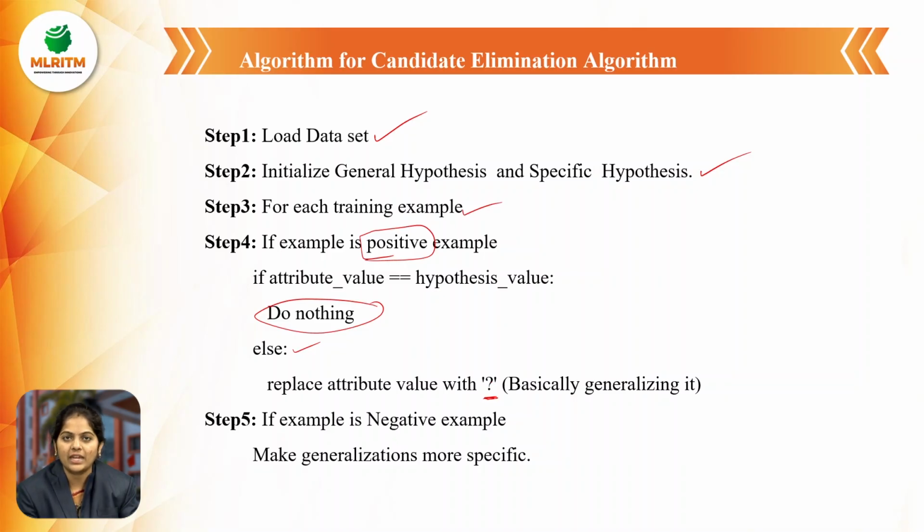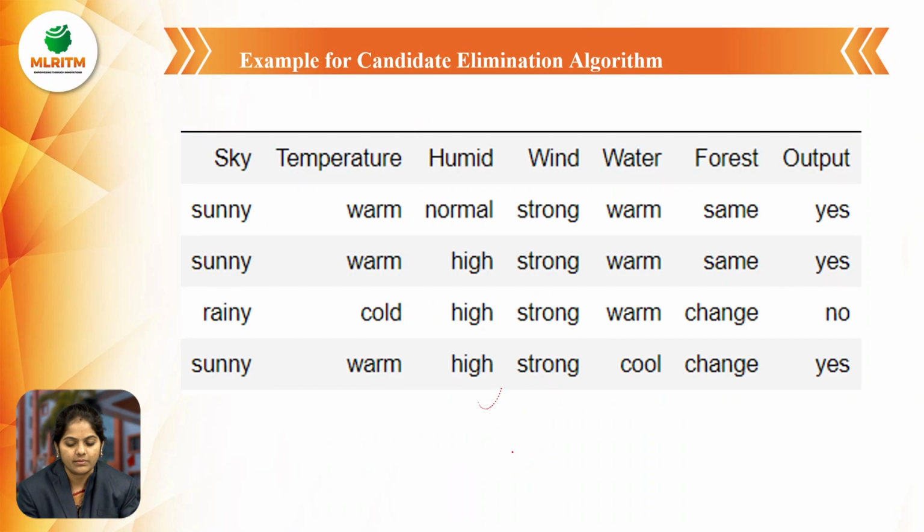When we are comparing example 1 and 2, we compare the attributes of the two different examples. If the two attribute values are the same, we keep the same attribute value. If the two attribute values are different, then we make it a question mark. And if the example is negative, then we make the generalizations more specific.